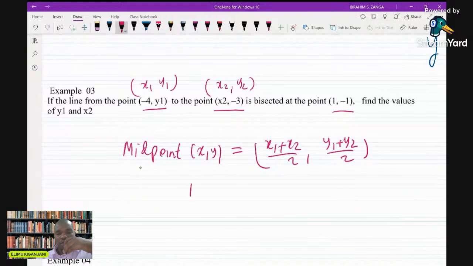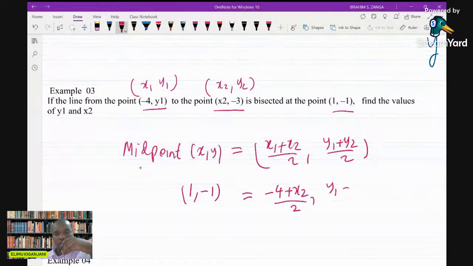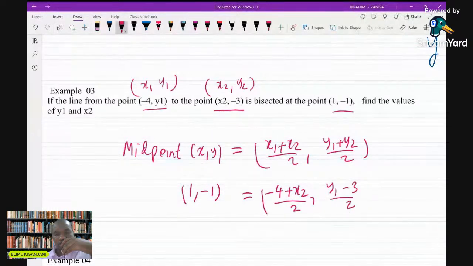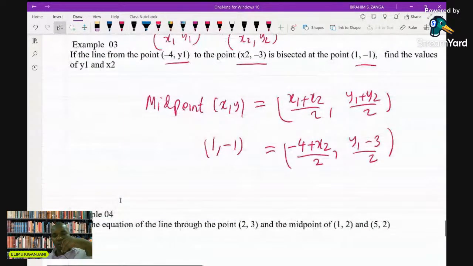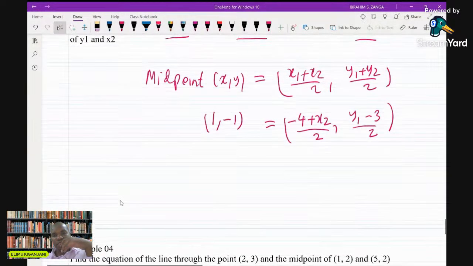So 1, comma negative 1 now will be equal to negative 4 plus x2 over 2, comma y1 minus 3 over 2. So by just comparing, we'll be comparing these two equations.